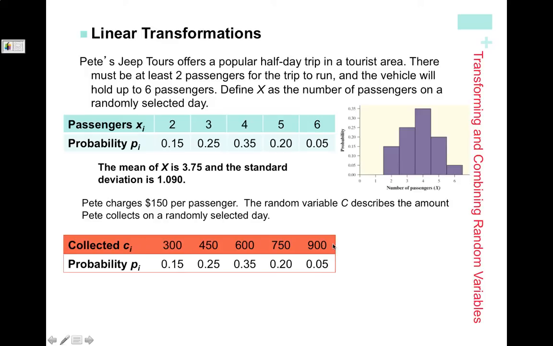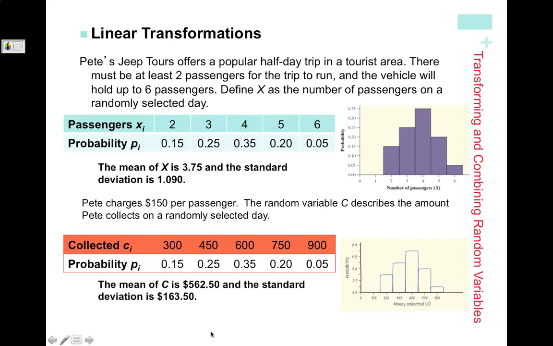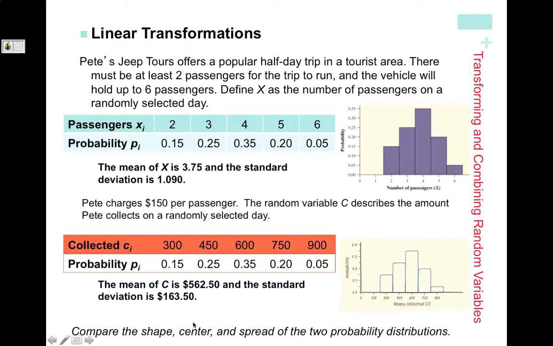That's where this collected row comes from. The probability is still the same. We can look at a histogram. Notice the overall shape has not changed from the original, but the mean and standard deviation have. We're going to compare the shape, center, and spread of these 2 probability distributions.